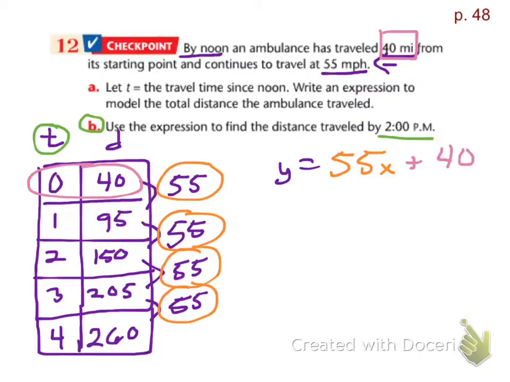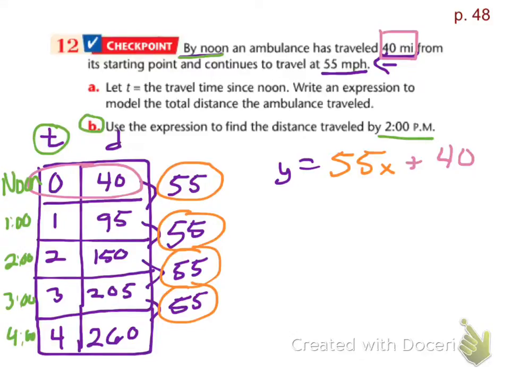So if I look at this, it says by noon, so anytime before noon. So this 0 is going to start off as my noon, and then from noon to 1, it's going to travel 55 miles. So then this becomes the 1 p.m. This is 2 p.m., 3 p.m., and 4 p.m.